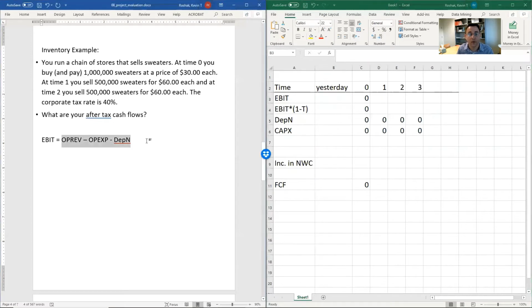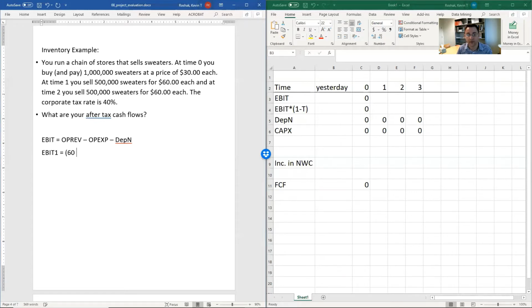What happens going forward? What happens to your EBIT going forward? Well, let's say at time 1, you sell 500,000 sweaters for $60, and you know that you bought them at $30 each. You bought them for $30, so that's your expenses, $30 per sweater, and your revenue is $60 per sweater. So your EBIT at time 1 is going to be your revenues minus your expenses.